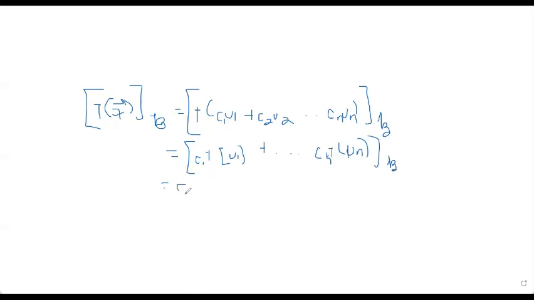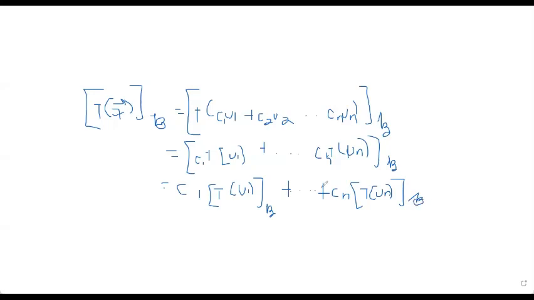We can pull C out even further and do C1 of T V1 vector, and then plus all the way down the line to Cn of T of Vn, that vector.